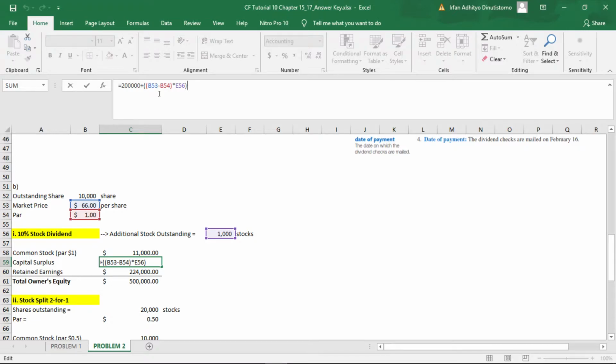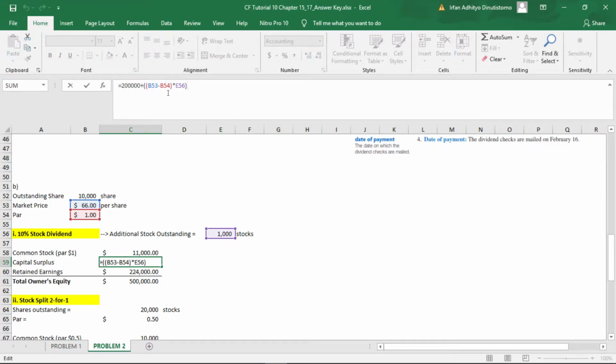So if I get the stock dividend, I would get $66 per share as my stock dividend. So this is the amount of asset transferred to the shareholders. The value transferred to the shareholders is $66. The par part of this stock is $1, so the capital surplus is $65, right? And times $1,000.